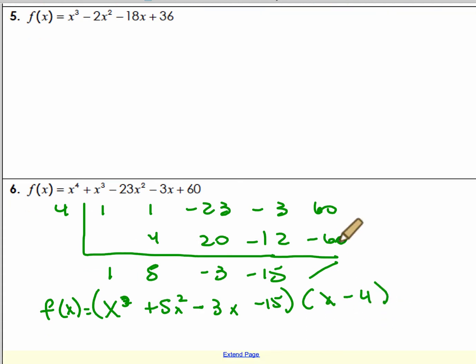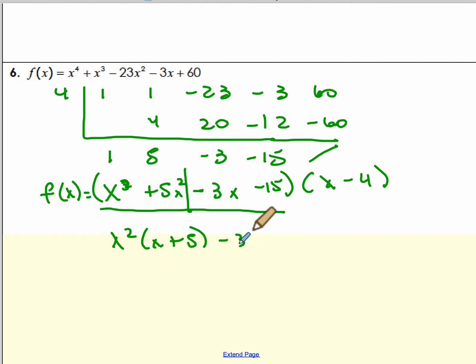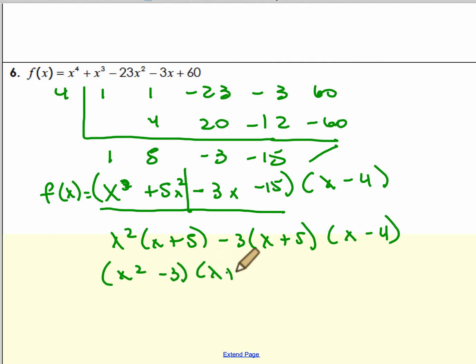And because the math gods are being very nice, instead of having to do that again, which I could do, I have a factorable factor. So I'm going to split it up in half, take out x squared, and then take out a -3. So I get x squared minus 3 times x plus 5 times x minus 4.